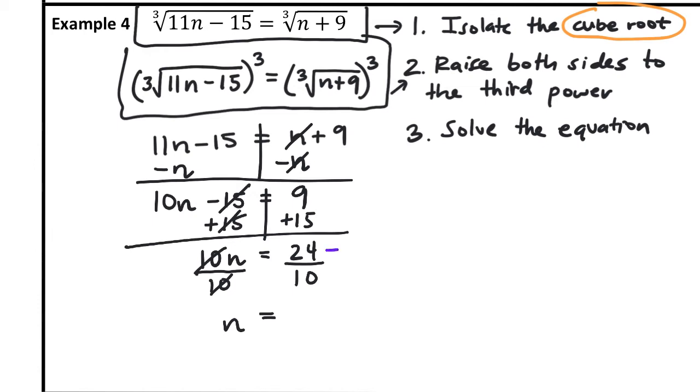Well, both of them are divisible by what? They're both divisible by 2. Right, you can divide both of them by 2. So if I divide 24 by 2, that's 12. And 10 divided by 2, that's 5.